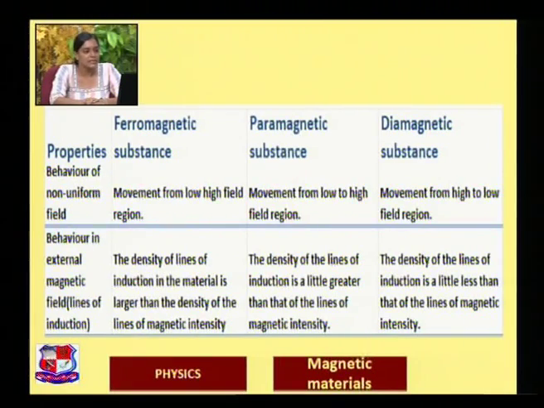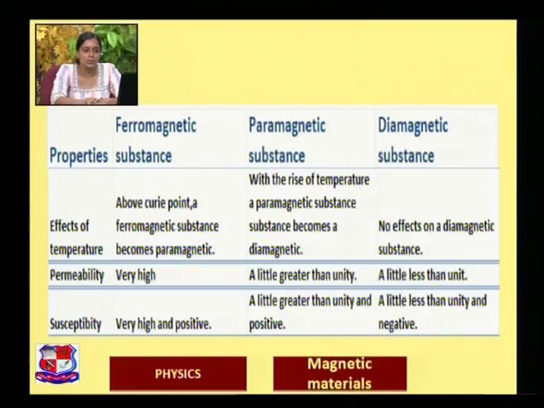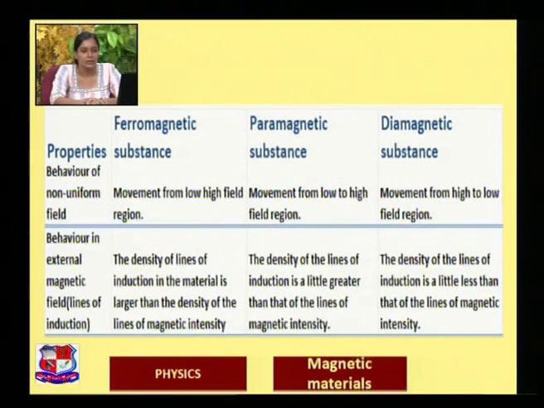The ferromagnetic substance shows movement from low to high field region, while the paramagnetic substance behaves in a similar way. They also move from the low to high field region. But diamagnetic materials move from high to low field region.